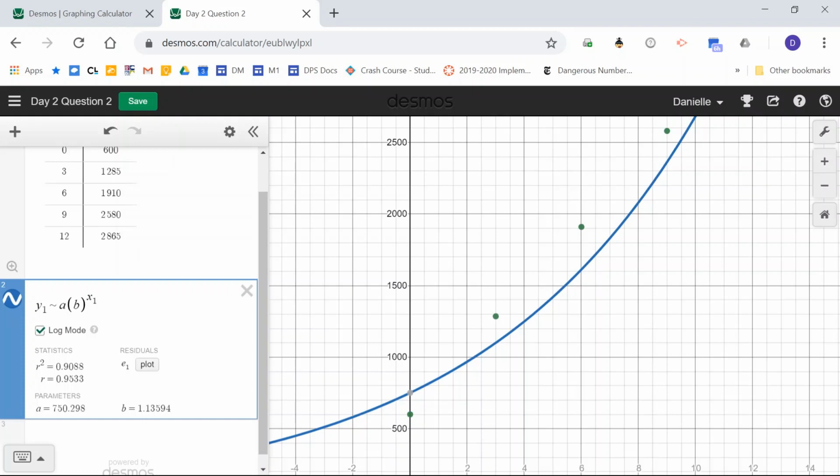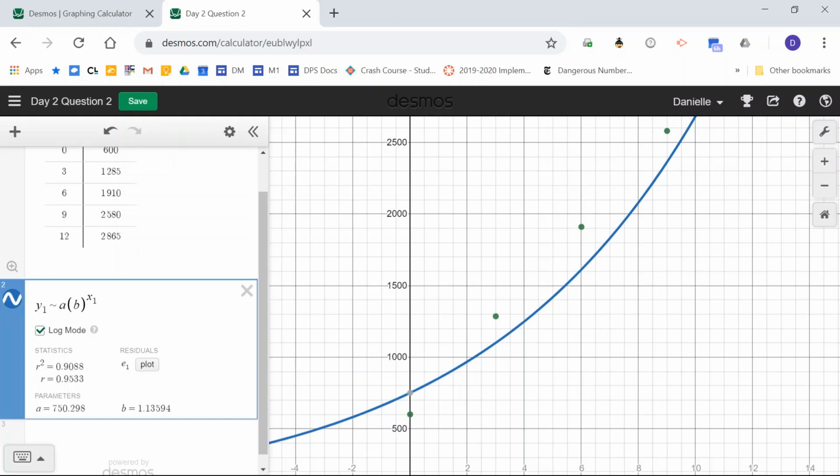But when we do, we see that we have an exponential regression equation, and that equation has an a value of 750.298 and a b value of 1.13594.